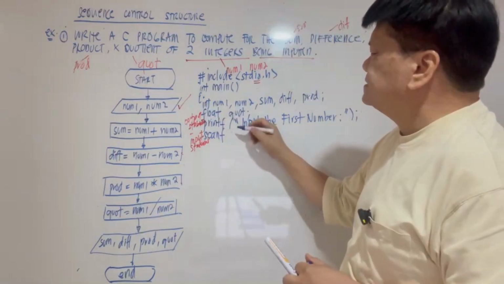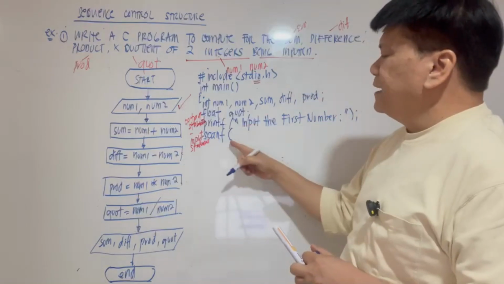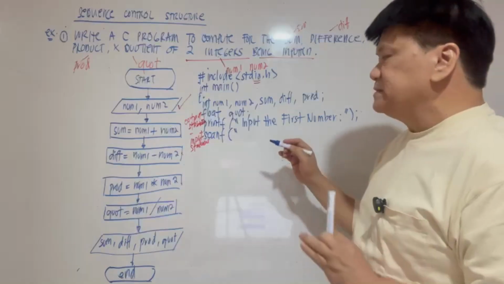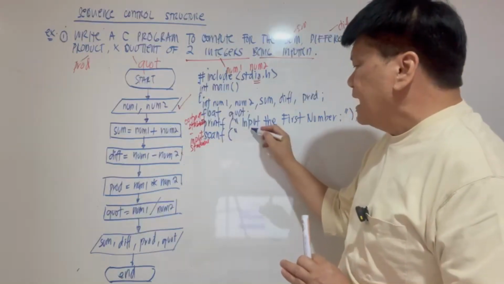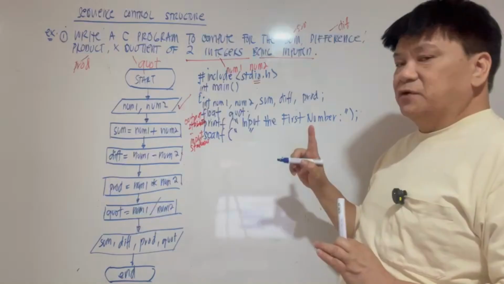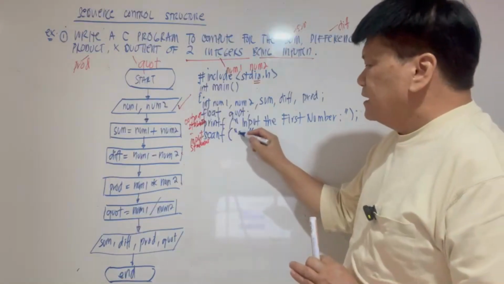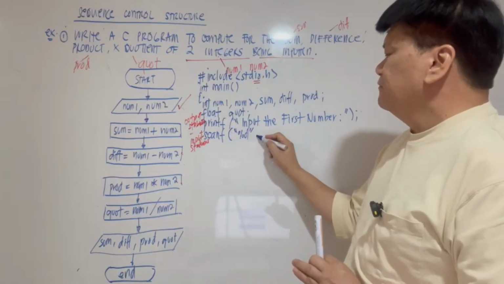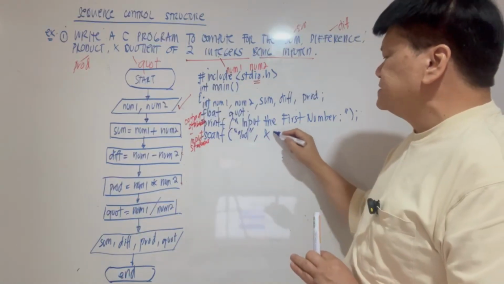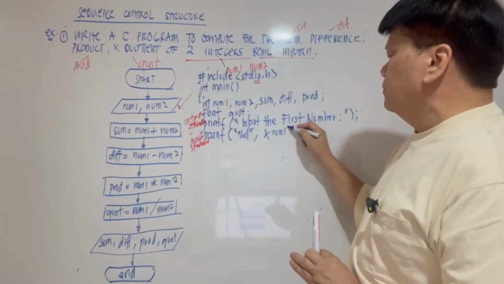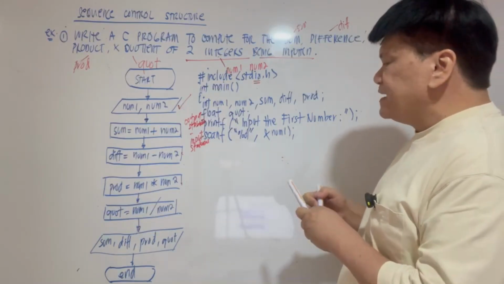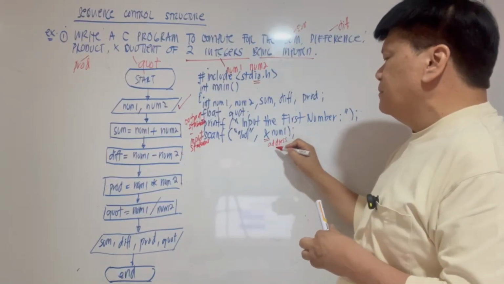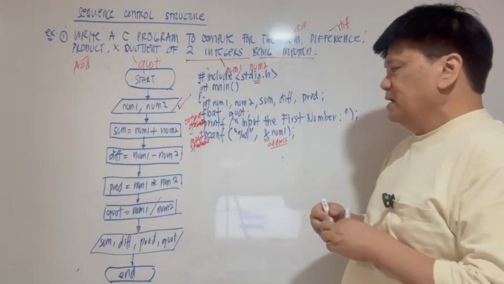Scanf, so we have this syntax: open parenthesis, followed by double quotation. You have to enclose the format specifier for your num1 in double quotation. Our num1 is an integer, so we put there %d, followed by a comma, and then an ampersand, then the variable num1. The ampersand is for the address, allocating memory space for your num1.